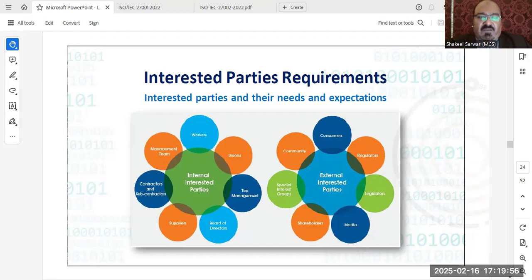Understanding these requirements ensures compliance and enhances trust by addressing stakeholders' concerns within the ISMS framework.